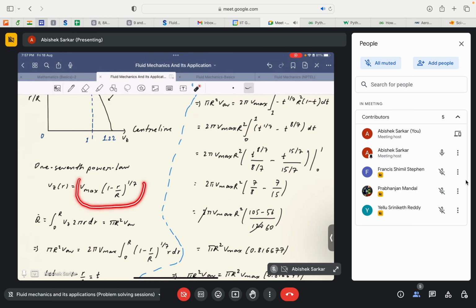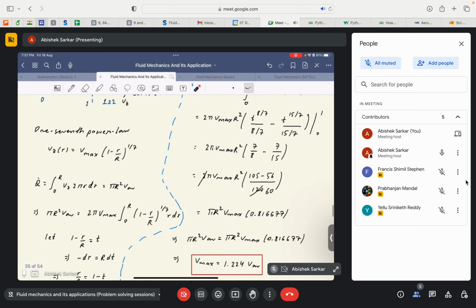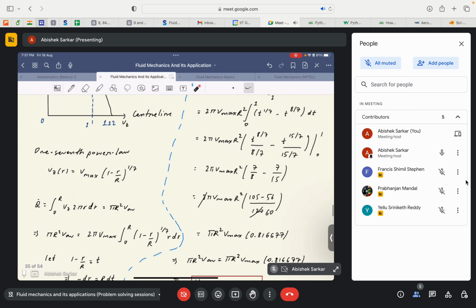such an analytical form, in the case of turbulent flow through a circular pipe, where the velocity profile is given by V max into (1 minus r by R) to the power 1 by 7. Here small r denotes the radial distance from the center line, and capital R denotes the radius of the pipe. Let me just draw it for your understanding.